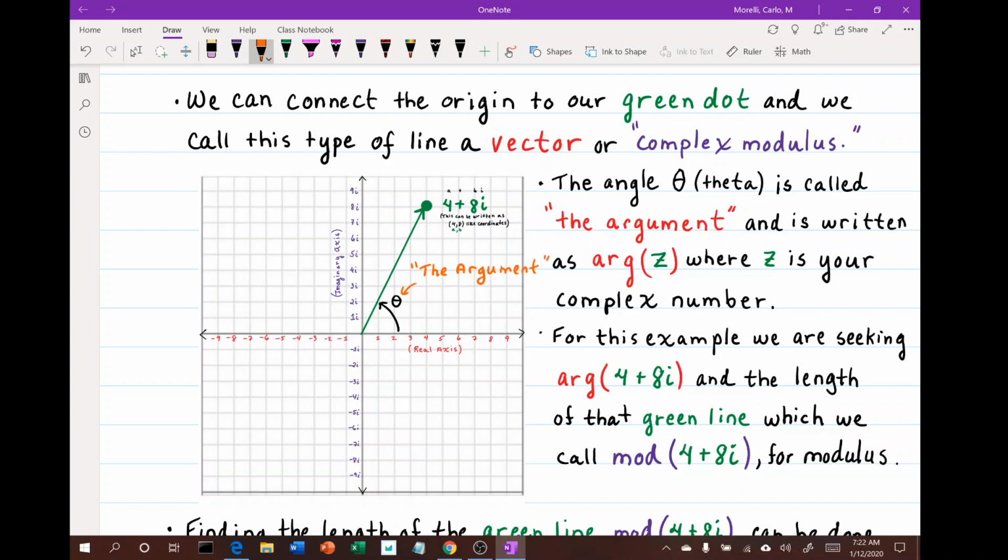In this mathematics, we call that the argument. And we say argument of z, where z is the complex number. So here, 4 plus 8i is z, so we would say arg z, and that's the same as saying the argument, or the angle, of 4 plus 8i. Okay? So that's some cool stuff there.